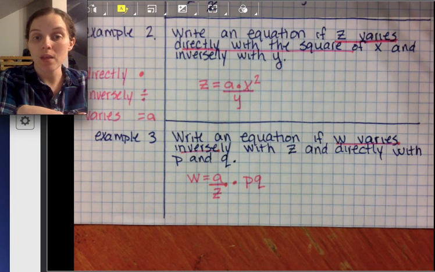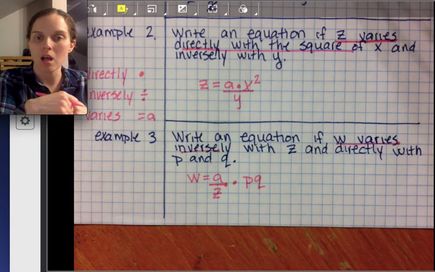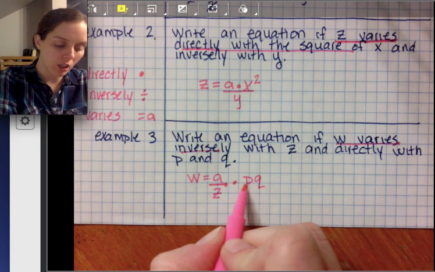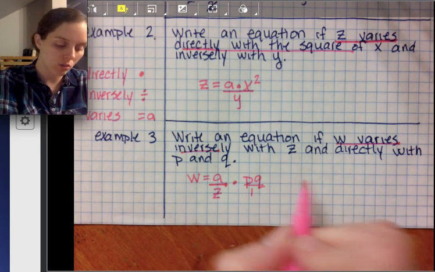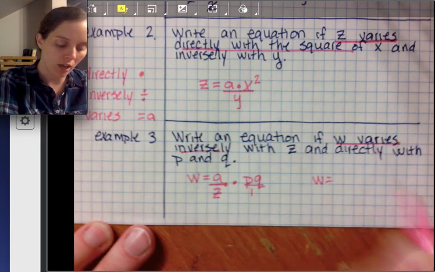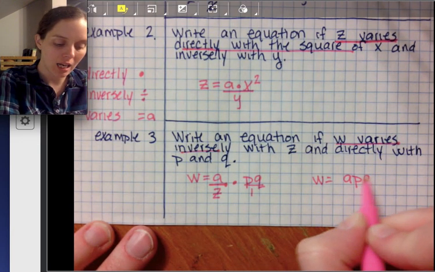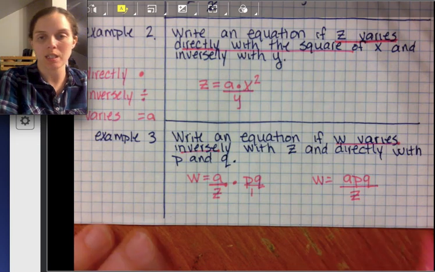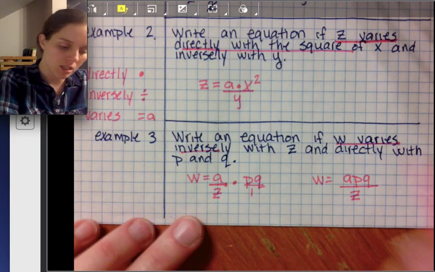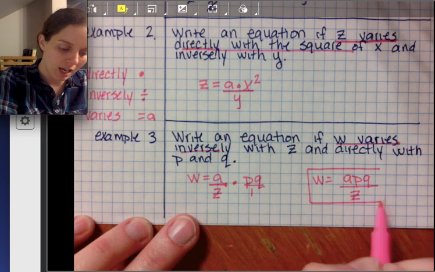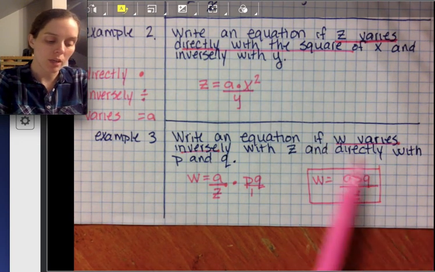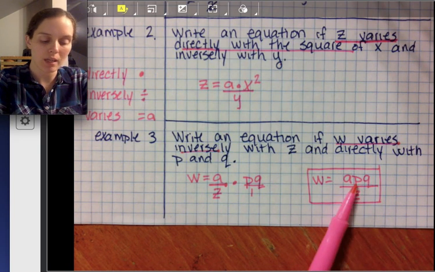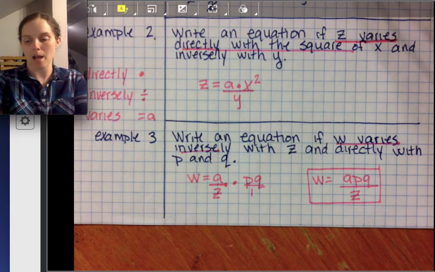Now, I can simplify this a little bit. Instead of leaving these separate, P and Q are like PQ over 1, so I'm going to write this as one whole fraction. It's going to be A, P, and Q on the top when I multiply those together, over Z times 1, which is just Z on the bottom. And this is our final simplified answer. So again, W varies, W equals A, inversely with Z, so divide by Z, and directly with P and Q, so times P and Q on the top.